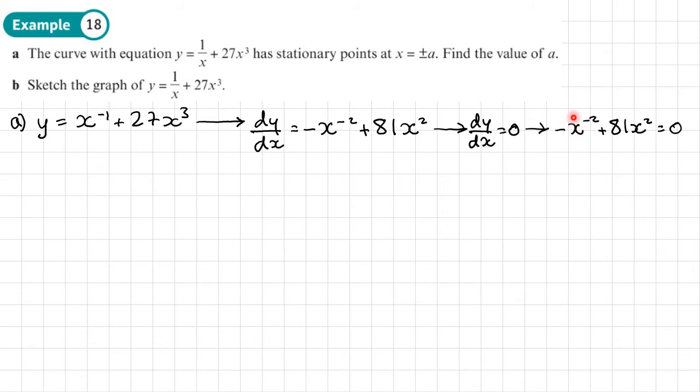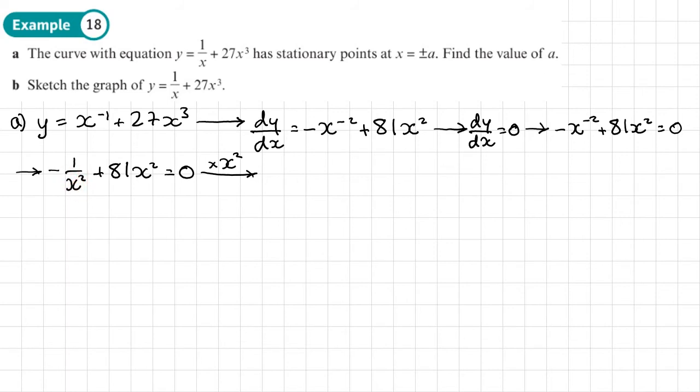Now this is going to be quite tricky to solve with the power of negative 2 here. So I'm going to write that as negative 1 over x squared plus 81x squared equals 0. Then I'm going to times both sides by x squared. That will get rid of that fraction.